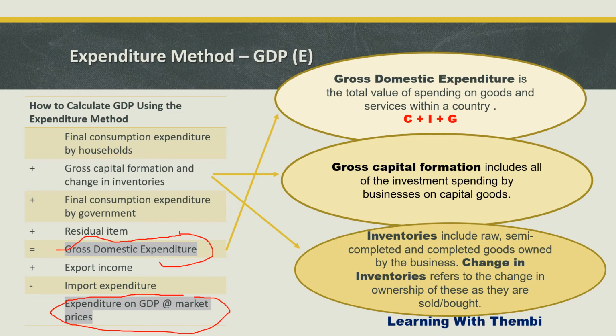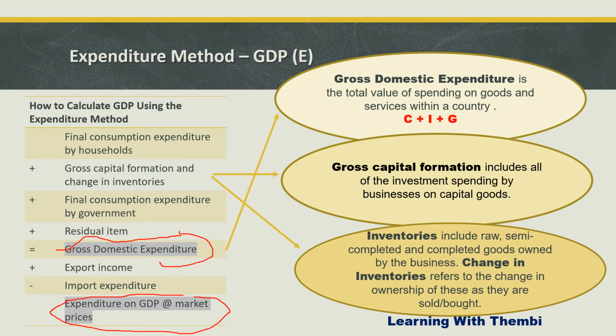We also have another item which we include when calculating the gross domestic expenditure, and that is the residual item. The residual item allows for all errors that may have occurred in order to balance the gross domestic product or the gross domestic income equation. So if you're required to fill something in as a residual item, you will be given the amount. It could be a positive or a negative number.